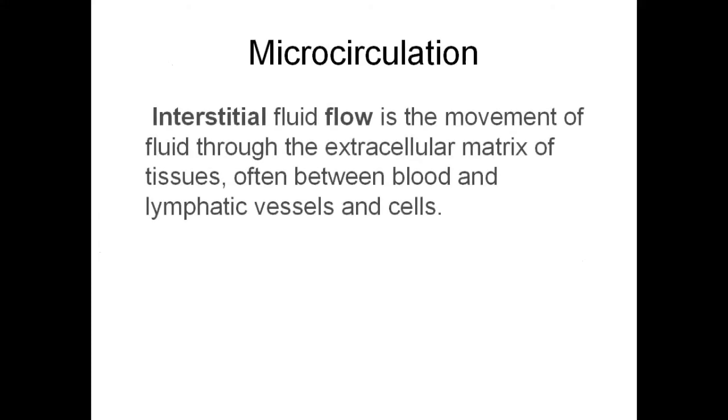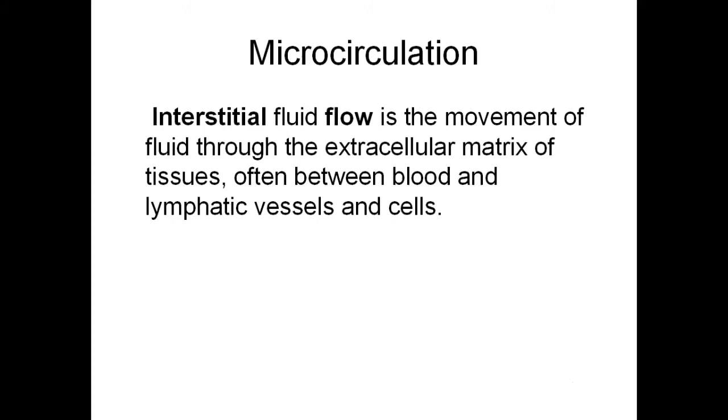So there is a microcirculation. There is a flow of interstitial fluid through the body between blood vessels and cells. And not every cell has an immediate attachment to a capillary. So if that cell needs oxygen, the oxygen will be provided through the interstitial fluid.